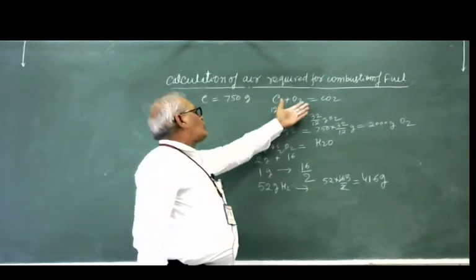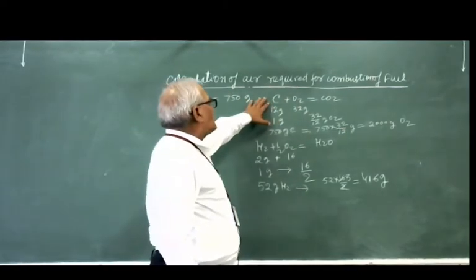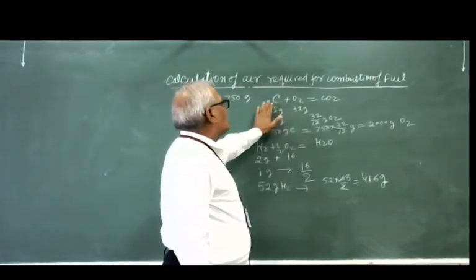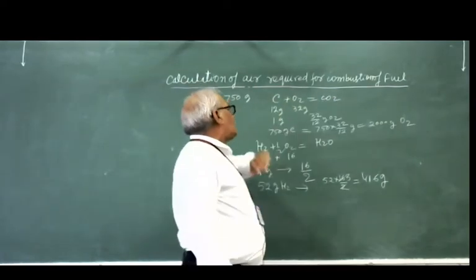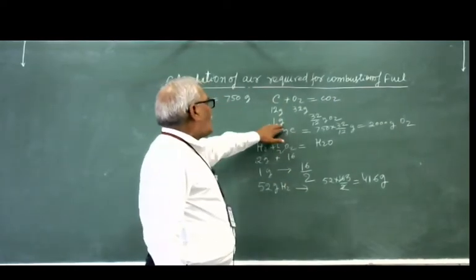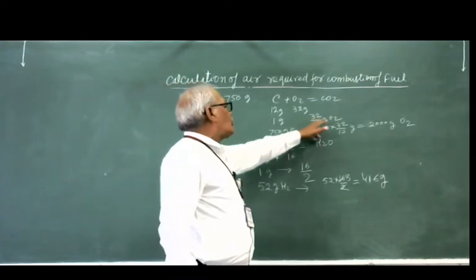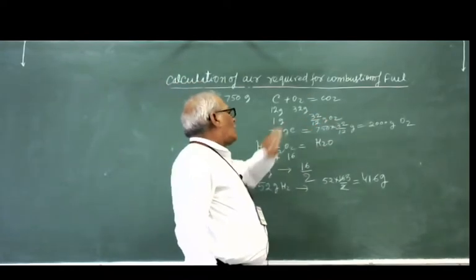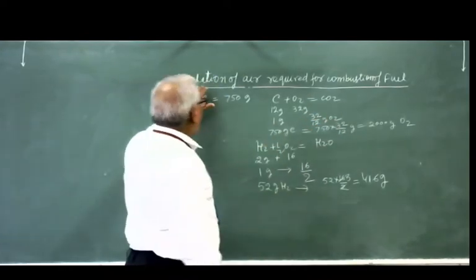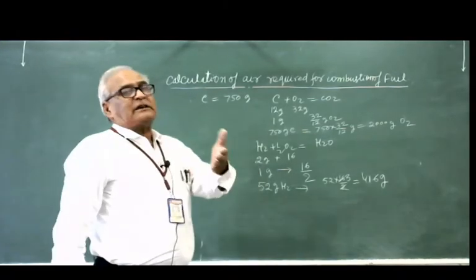Chemical reaction shows that 12 gram of the carbon requires 32 gram of the oxygen, then changes into carbon dioxide. So 1 gram of the carbon requires 32 by 12 gram of the oxygen. How much carbon is present in 1 kg of the coal?